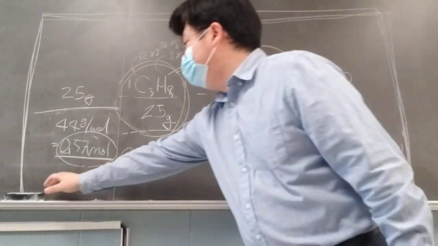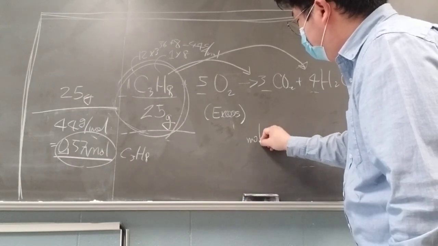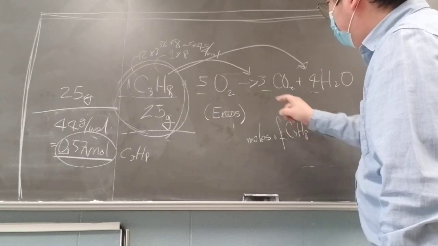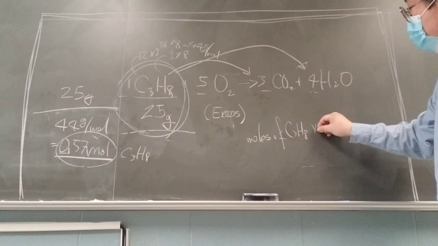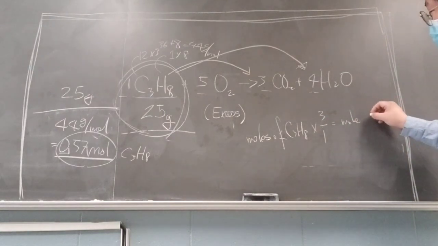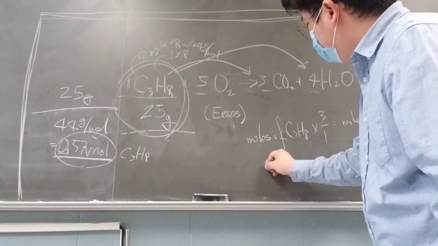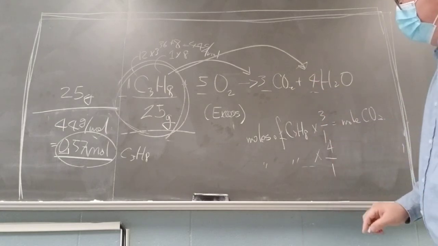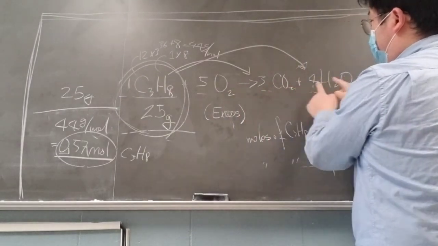So technically, the moles of propane go to here and here, right? So it'll be 3 over 1 for the moles of carbon dioxide, and 4 over 1 for the moles of water.